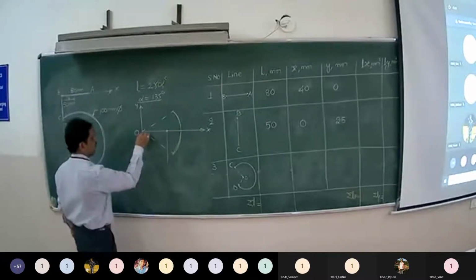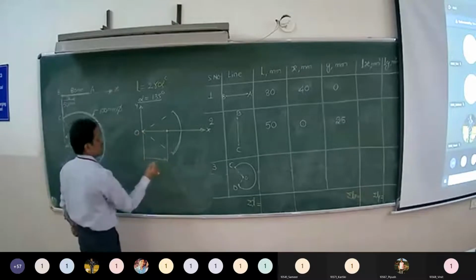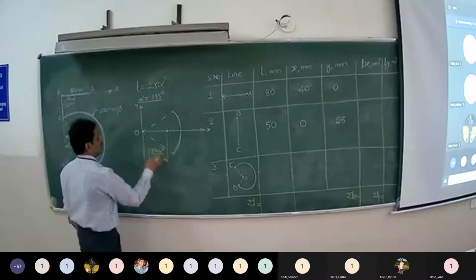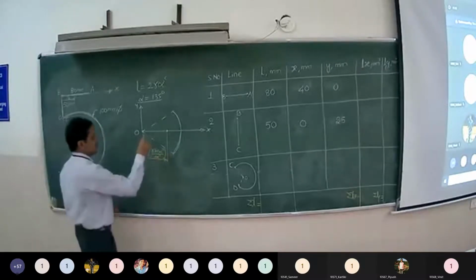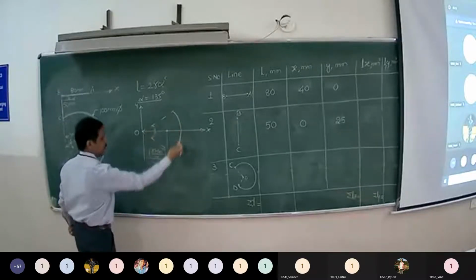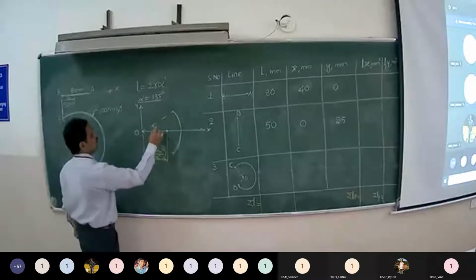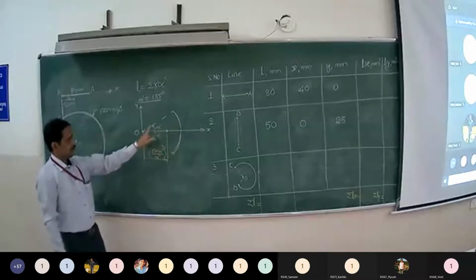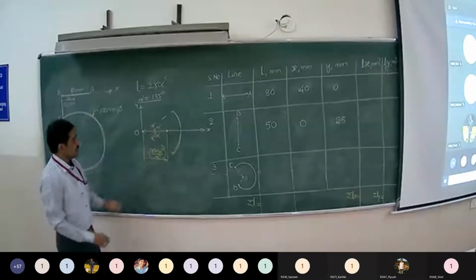Its distance from the center of the circle is given by r sine alpha upon alpha, right? Whereas what is alpha? The total angle subtended by the arc with respect to the center is 2 alpha.